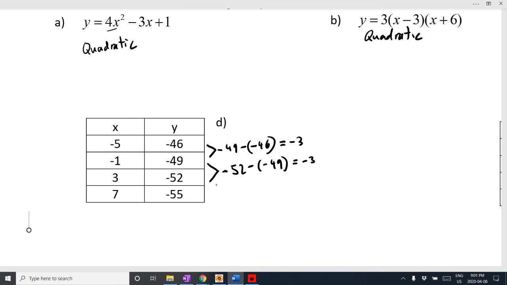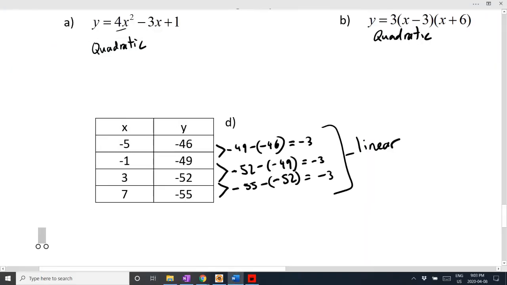And let's check these ones just to finish it off: -55 minus -52, and that's also going to be -3. So we can see that the first differences here are the same, so this makes this linear. Okay, so this D is linear. These are our first differences.